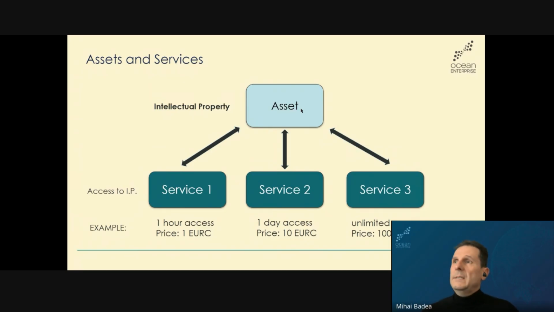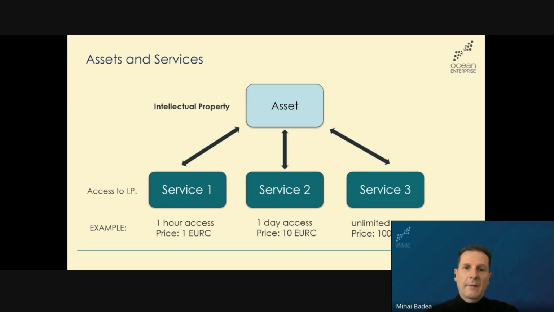What is an asset? What is a service? The asset in Ocean Enterprise represents the intellectual property that is registered by a publisher, while the service attached to the asset represents the way the asset is accessed.